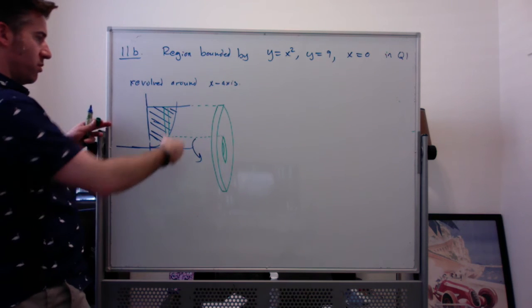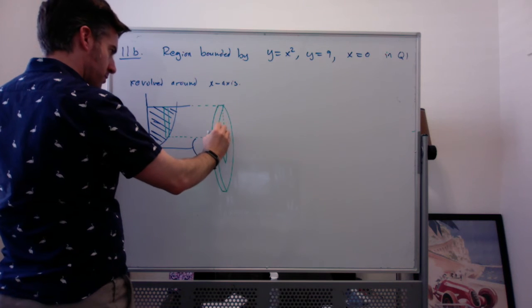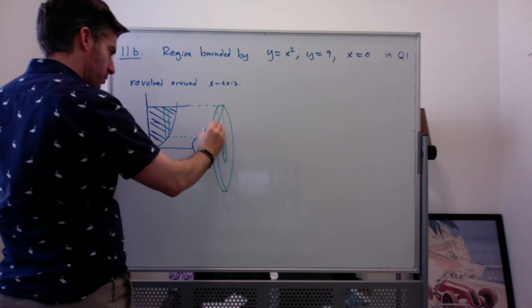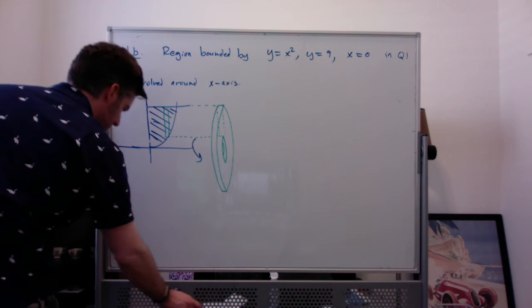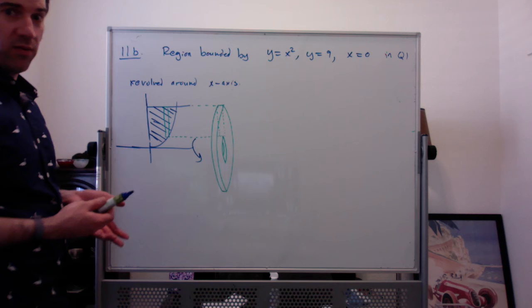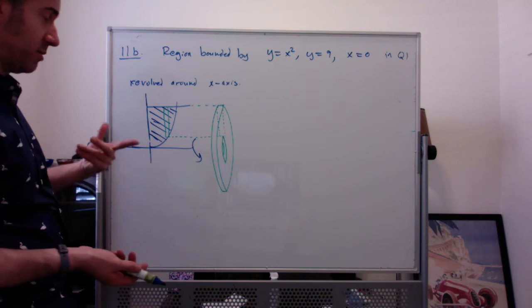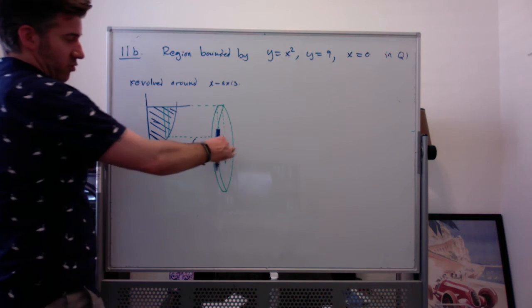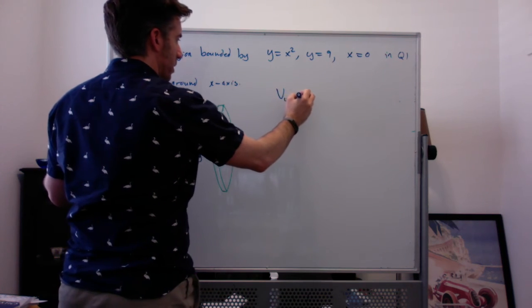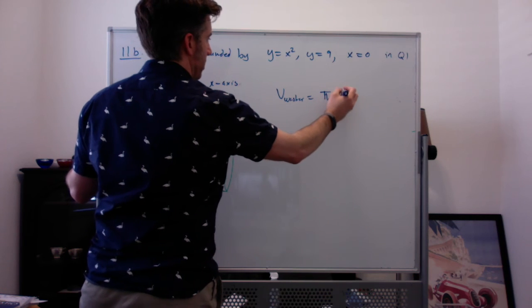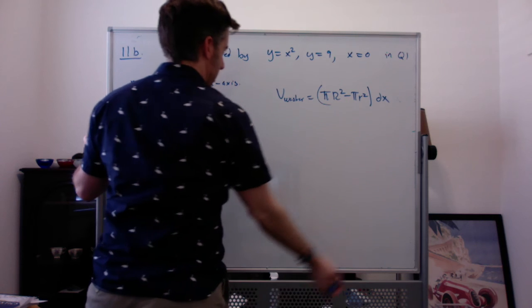Just like the disc, the volume of the washer is the area, pi r squared, times the thickness. The difference here is that we also subtract out this volume. So the volume of the washer is pi times the big radius squared minus pi times the little radius squared, times the thickness, which is dx.